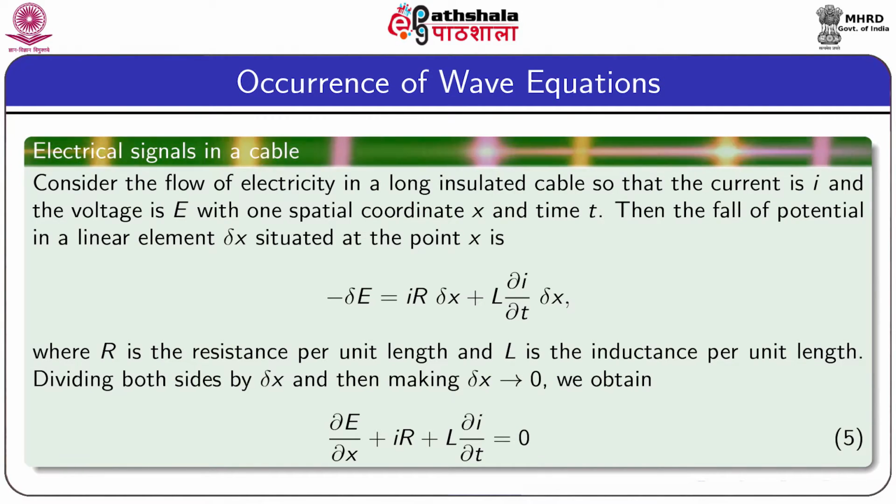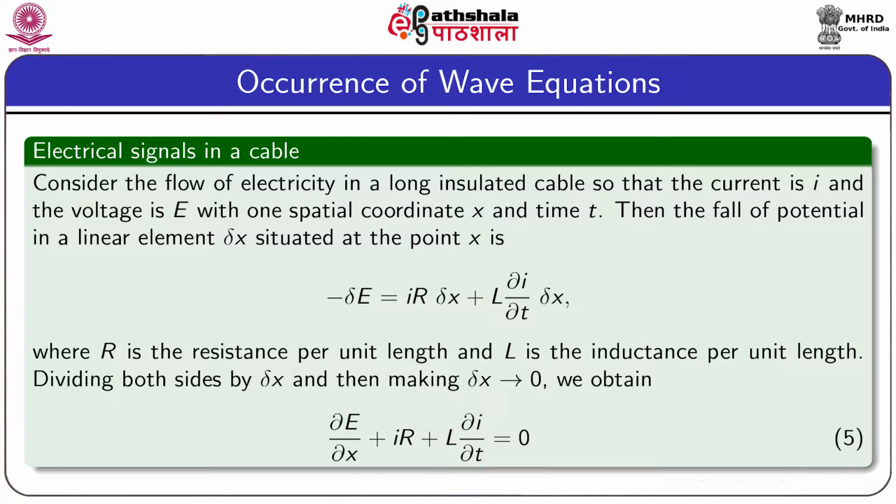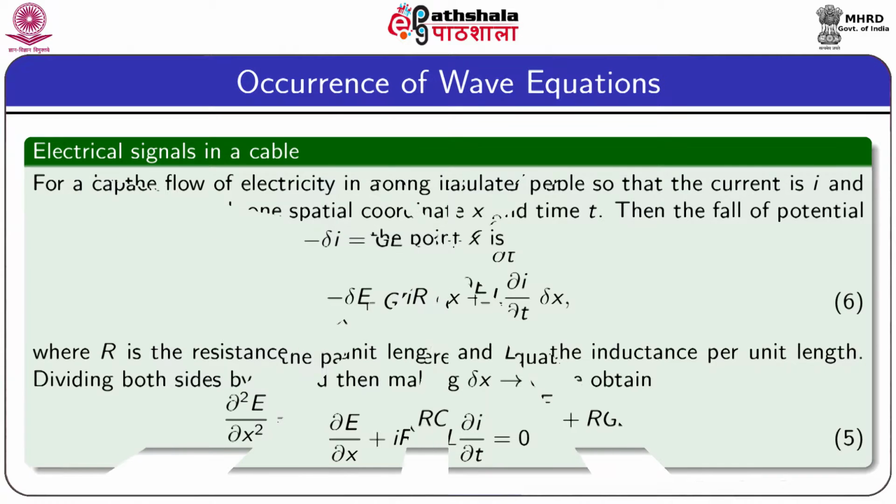Now, if we divide this relation by delta x and take the limit as delta x tends to 0, we get the differential equation del E del x plus I R plus L del I del t equals 0, which is written as equation number 5.